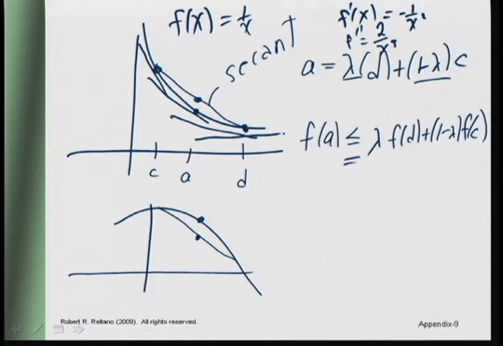And of course, 1 over x is actually concave when x is negative, and we can see that because it has a negative second derivative. In the same way that a positive second derivative implies convexity, a negative second derivative implies concavity. Just the sign switches.